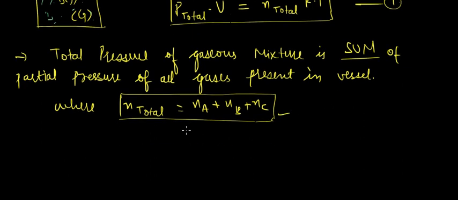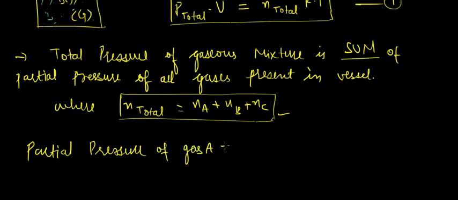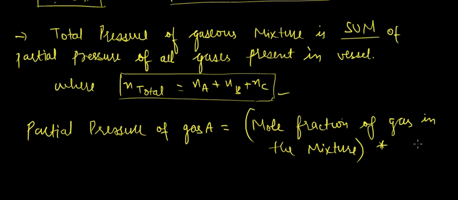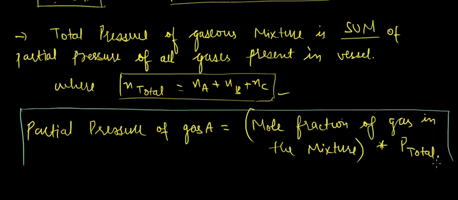Okay, and we have already seen this, but I'm rewriting this: partial pressure of any gas, let's say for example of gas A, would be equal to mole fraction of gas in the mixture multiplied with total pressure of the mixture. So this is how we define partial pressure of any gas in the mixture.